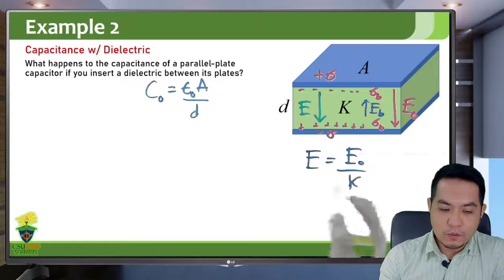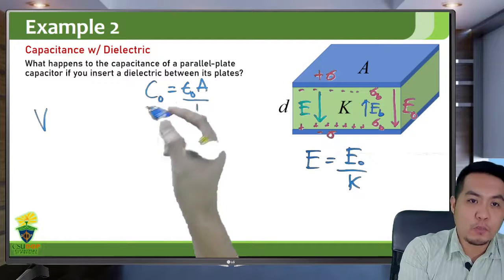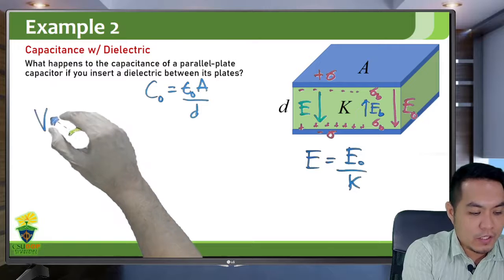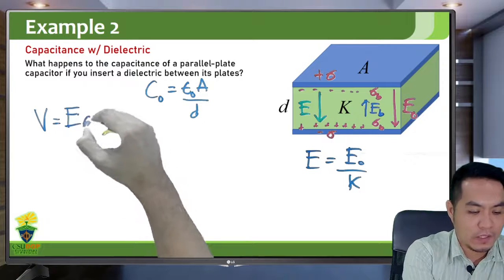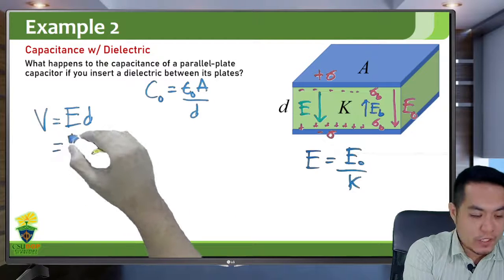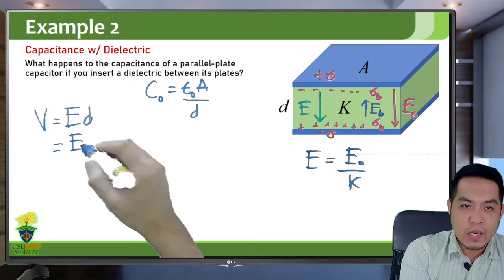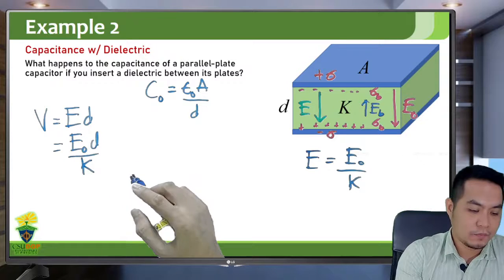If we try to calculate the new potential in between the plates, it will be the new electric field times the distance. The new electric field is just the original electric field without the dielectric over k.